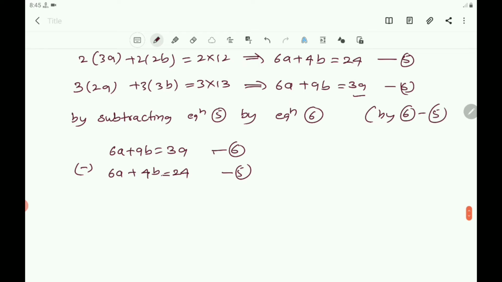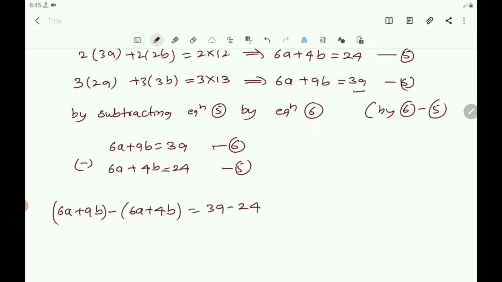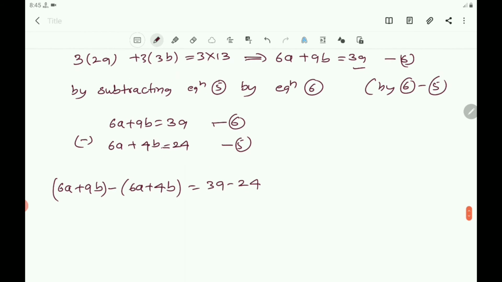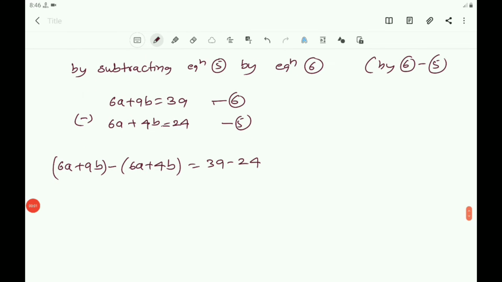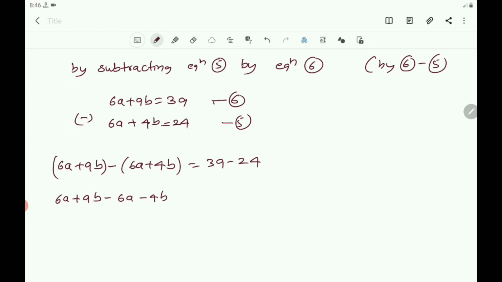Now you write the sixth first here, that is 6a + 9b minus 6a + 4b equals 39 minus 24. Subtract LHS by the LHS and RHS by the RHS. Then it is 6a + 9b minus 6a minus 4b. Here the bracket is open, so the sign changes. 39 minus 24 is 15 here.